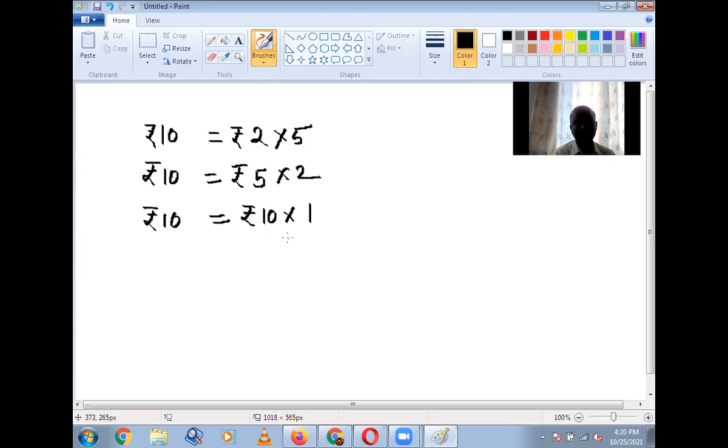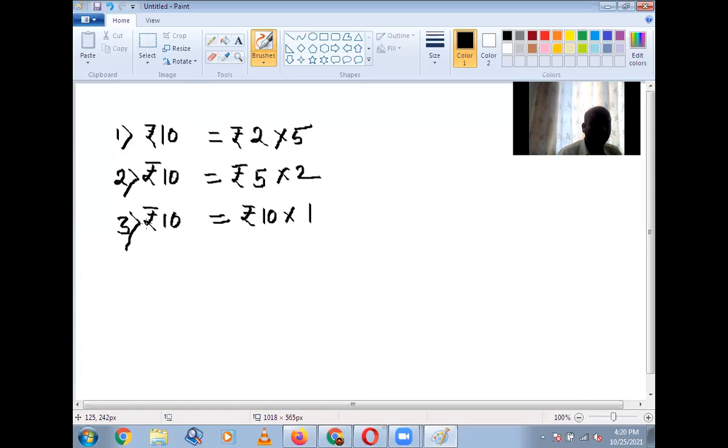That is, it takes average time complexity or average time taken over a sequence. Here, what is the average time? This is the sequence. Suppose the first time I have divided the 10 rupees like this, the second time divided the 10 rupees like this, and the third time divided the 10 rupees like this.